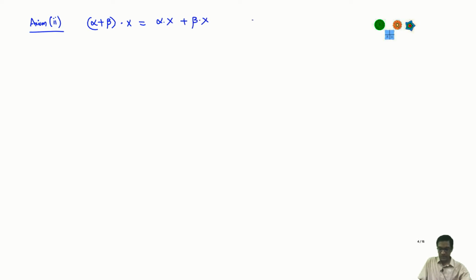Now in terms of this map phi alpha, this is what it says. If I take the map phi alpha, which is scalar multiplication by alpha, take the map phi beta, and construct their sum, this is the sum in the endomorphism ring of M. Remember, this just means it's the pointwise addition. So phi of alpha plus beta, that's the left hand side, scalar multiplication by alpha plus beta of x, is the same as scalar multiplication by alpha plus scalar multiplication by beta.